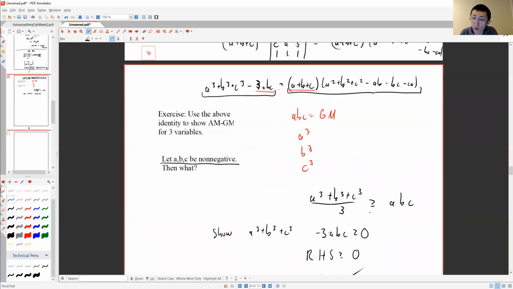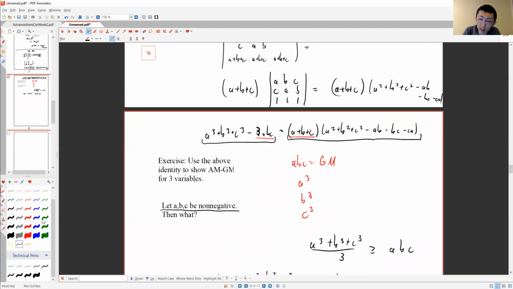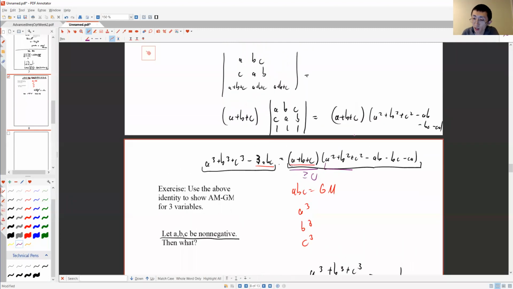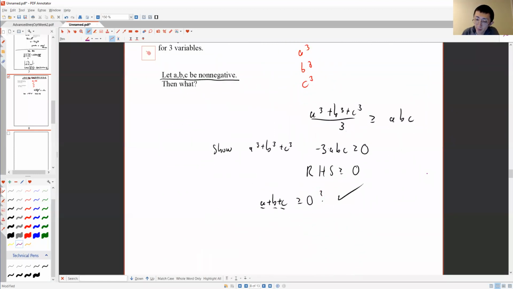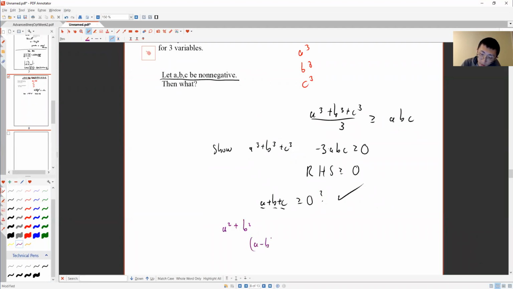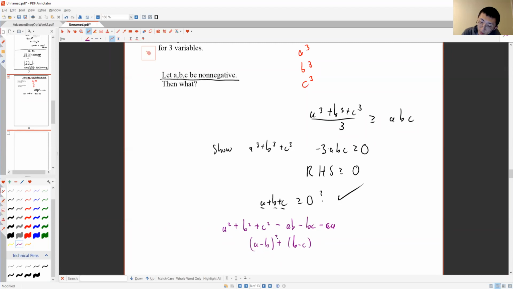So this first factor is always non-negative. It's greater than or equal to 0. So how can we prove the second factor is always non-negative? Go ahead, Pranav. We can write it as (a minus b) squared plus (b minus c) squared plus (c minus a) squared, whole divided by 2. Exactly, right. If I multiplied it by 2, then I would get exactly this.